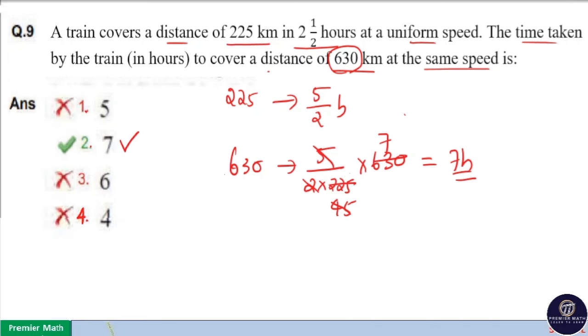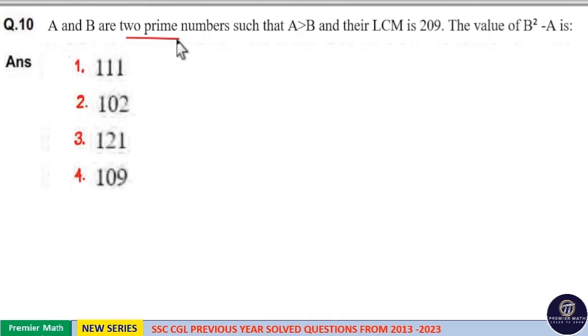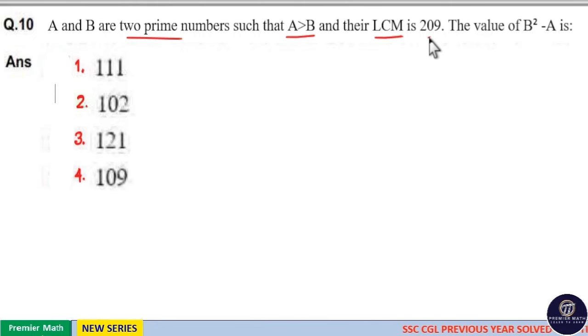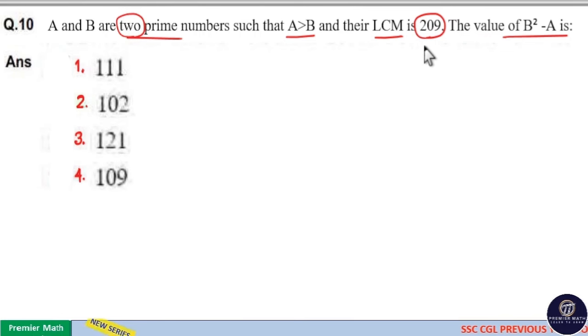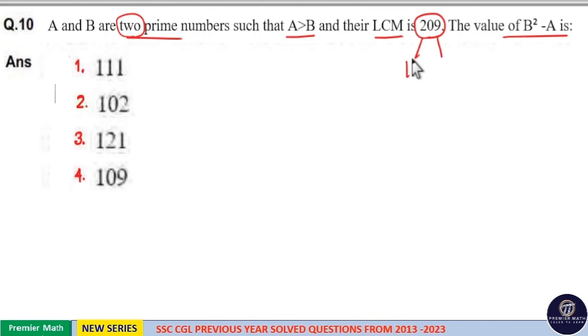Some questions are very simple. A and B are two prime numbers such that A greater than B and their LCM is 209. The value of B square minus A is? Here LCM is 209 and two numbers are prime numbers, which means if I divide 209 with 11, 11 into 19 is 209.